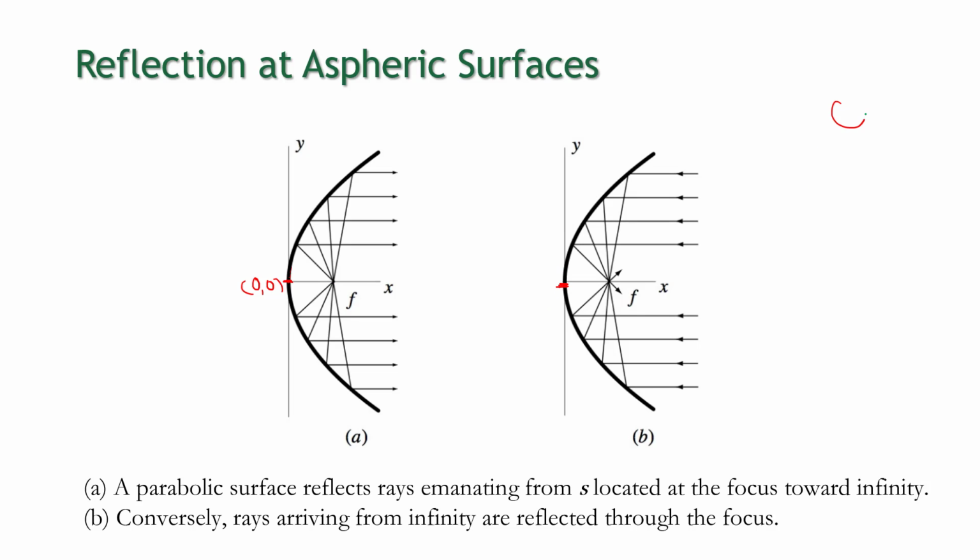Like for a human being, along this line, the left half is similar to the right half. So this point is the center of symmetry, and this point is the focus where all the lights converge.